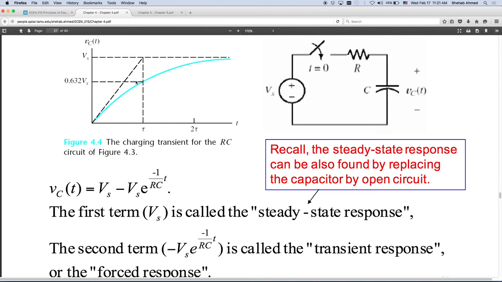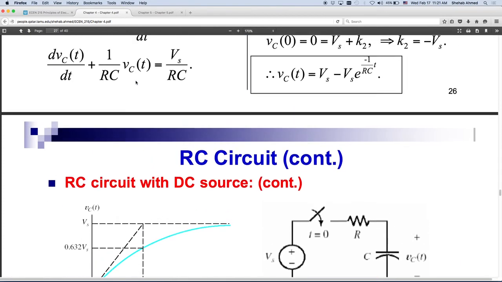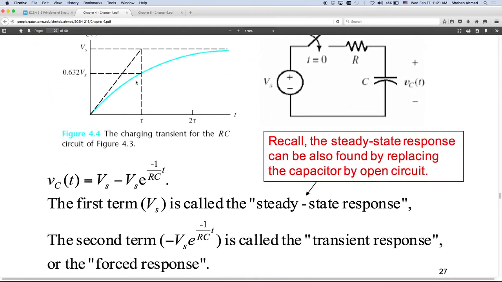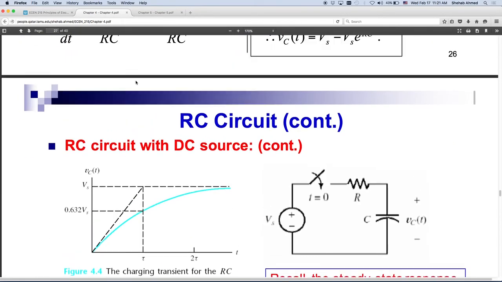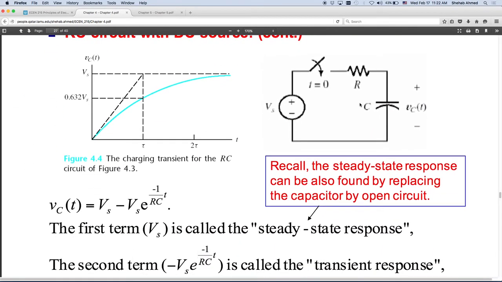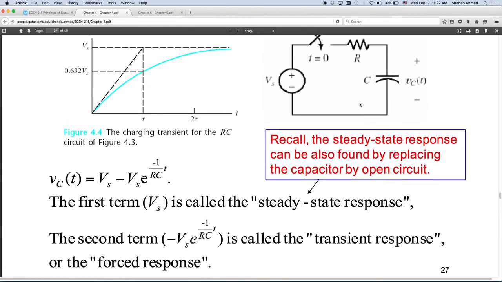In this case, it's 0.63. Yeah, we just substitute in this equation. RC would be 1, so e to the minus 1 in this case, so it's Vs common factor outside, 1 minus 0.368 is 0.63. So any questions on this?